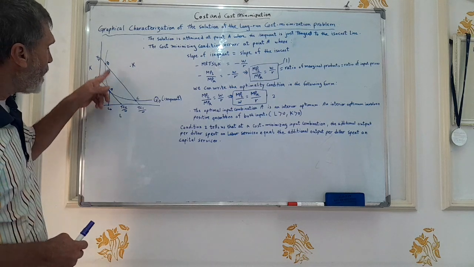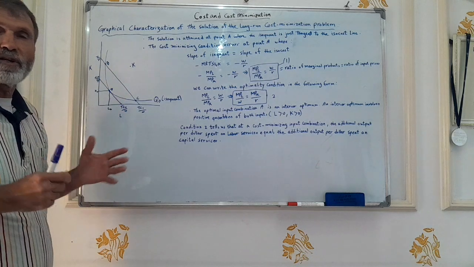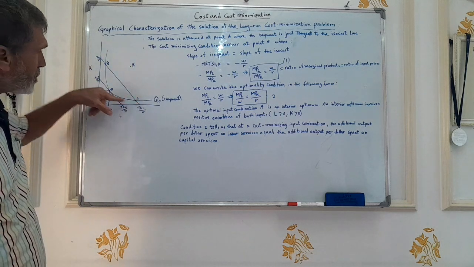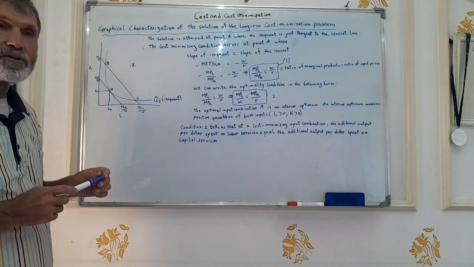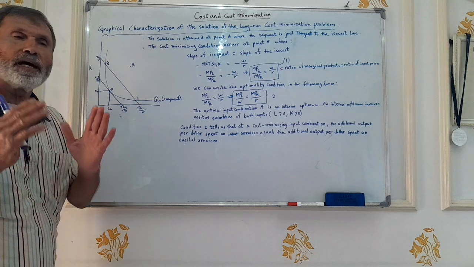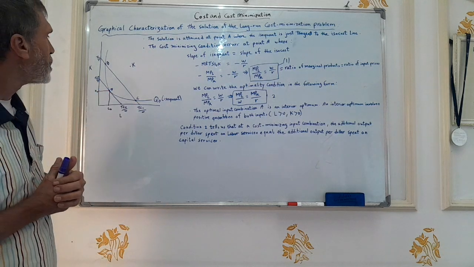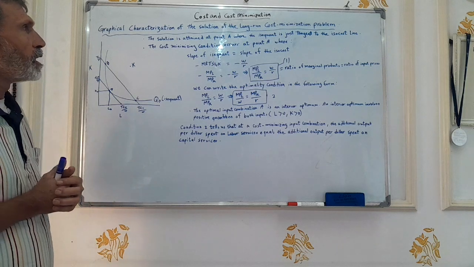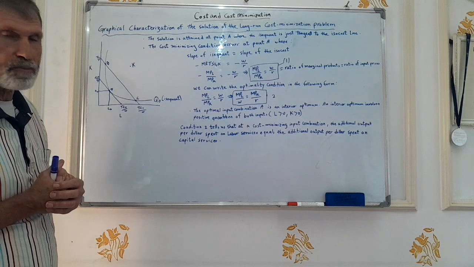So B and C, even though they are technically efficient because they are along the isoquant, don't give the optimal combination of labor and capital, the solution of the long-run cost minimization problem.